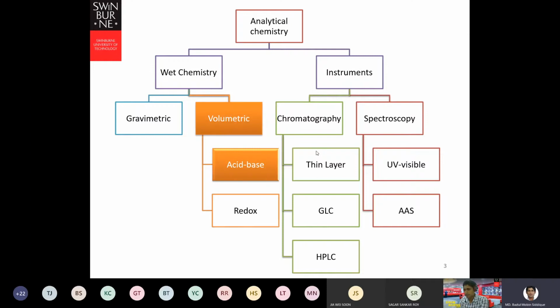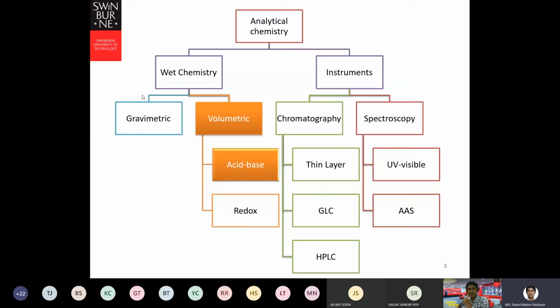We know Panadol, we know paracetamol, and even antacids or whatever are almost similar, they look similar, but what is inside? How do we find it? That's why analytical chemistry. And right now we are in wet chemistry. There are two sections, wet chemistry and instrumental. In wet chemistry you get your hands in the solution, you have to make the solution, you have to mix them with each other.